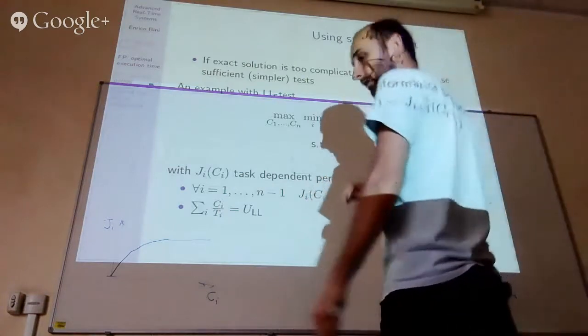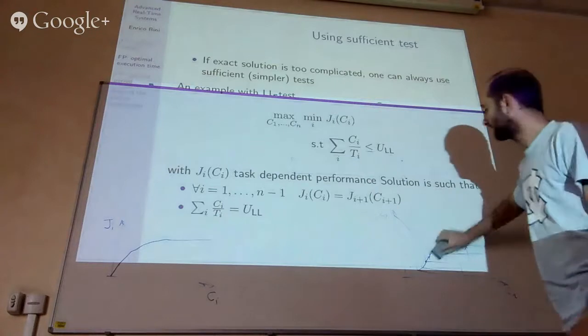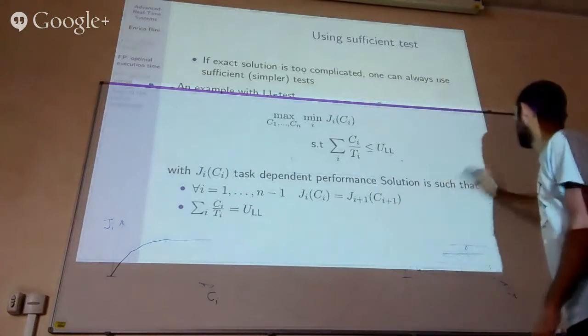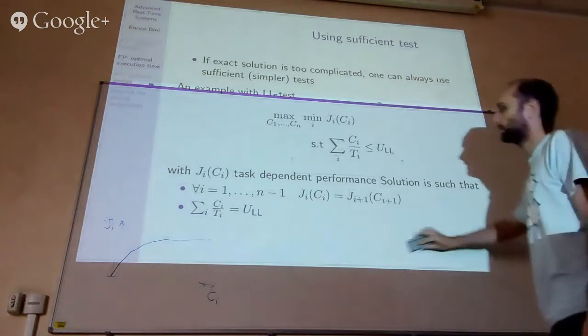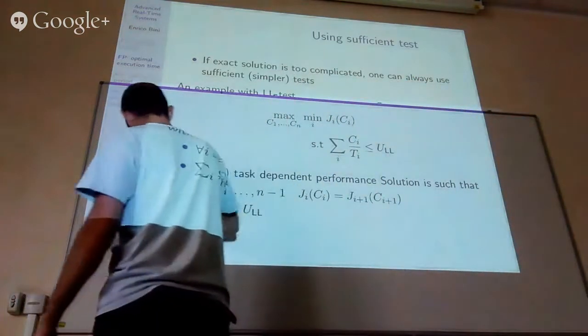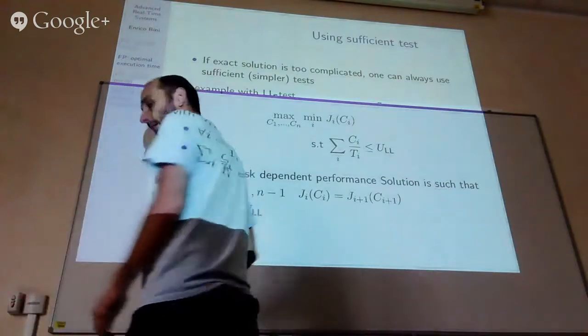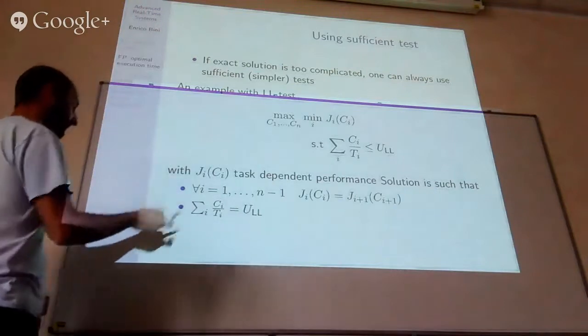This is always something that one can do. Of course, if finding the exact solution is complicated, one can always solve the problem using some sufficient test, which makes the solution very simple.